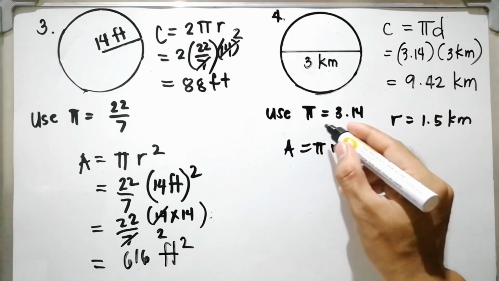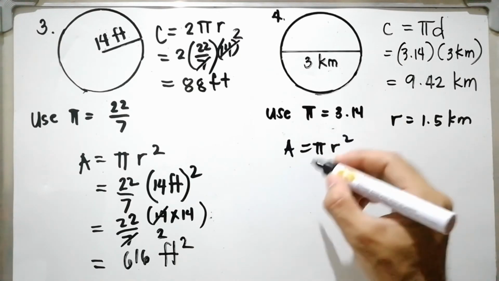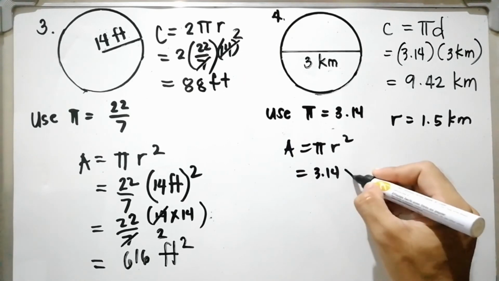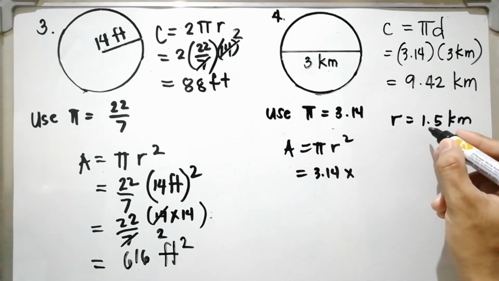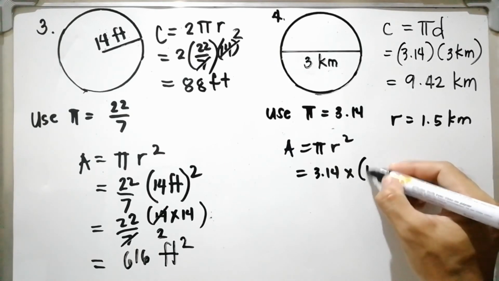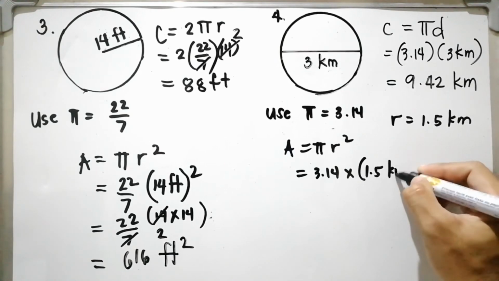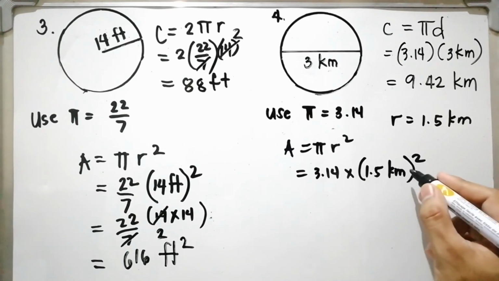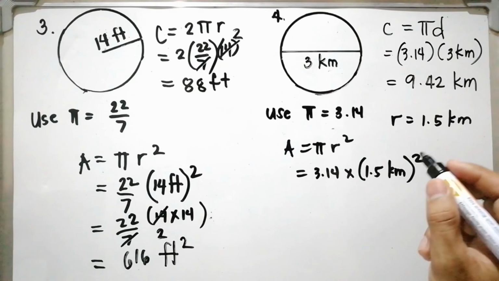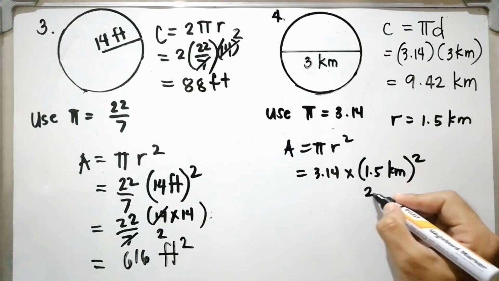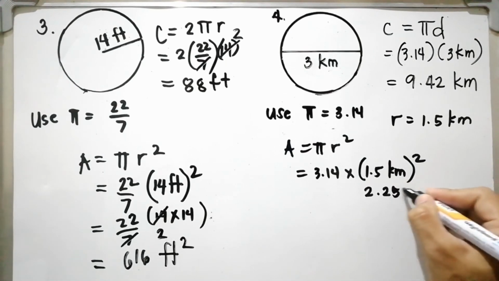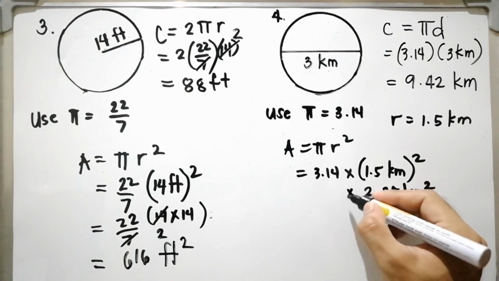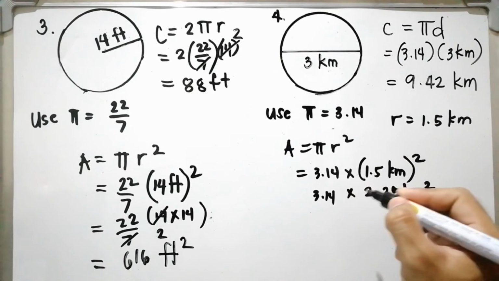Now let us substitute the values in the formula. Pi is 3.14 as an approximation. So pi is equal to 3.14 times r, which is 1.5 kilometers, then square. The square of 1.5 kilometers is 1.5 times 1.5, that is equal to 2.25 square kilometers, times 3.14.